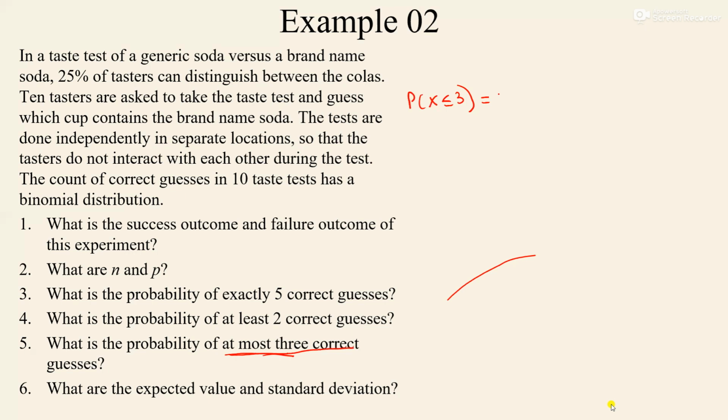So that is equal to probability of x equal to 0 plus probability of x equals 1 plus probability of x equals 2 plus probability of x equals 3, right?